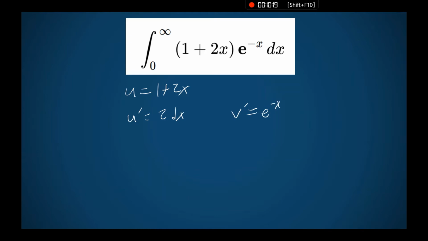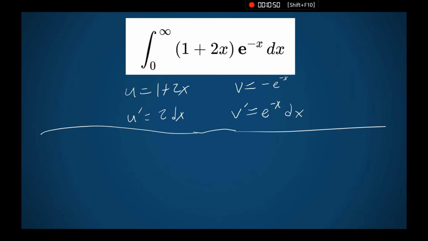So what happens when I integrate? Negative e to the x. Okay, negative e to the negative x. When I derive, I multiply by the derivative of the power. So when I integrate, I should divide by the derivative of the power. So now we can plug into our formula.